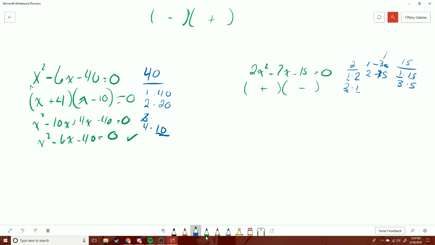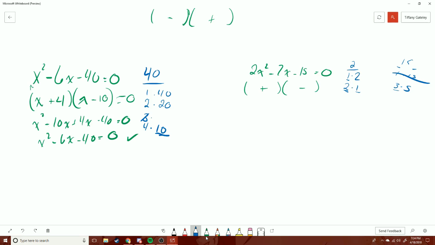Right? So 1 and 15 does not work. Whoops. Let's fix that. 15, 3, and 5. Alright, so that doesn't work.